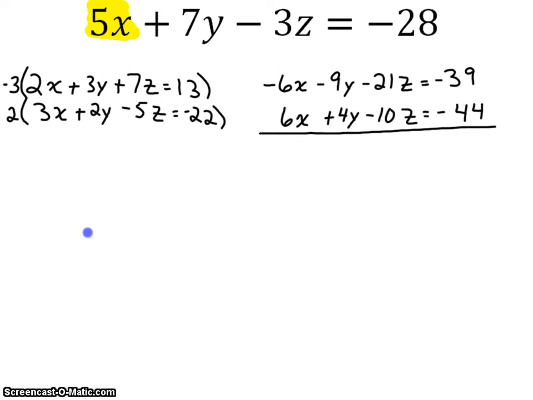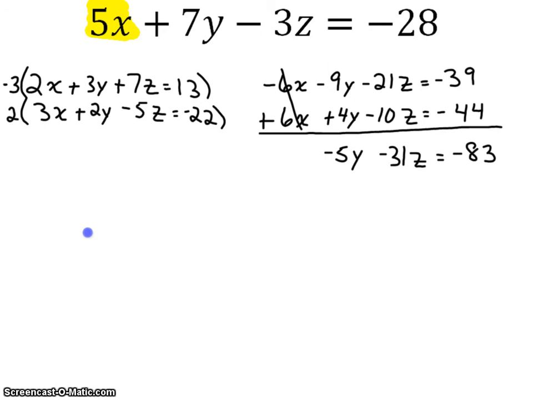Now we add these two equations together. The x terms eliminate. Adding the y column, we get -5y. Adding the z column, we get -31z. And adding the constant column, we get -83. Okay, hold on to that equation. We're going to use that a little bit later.